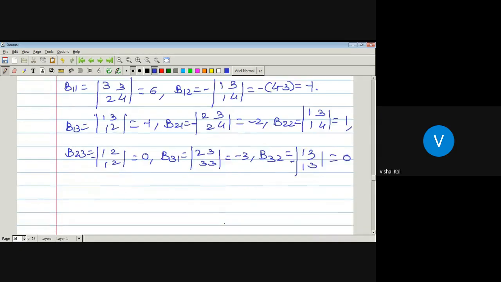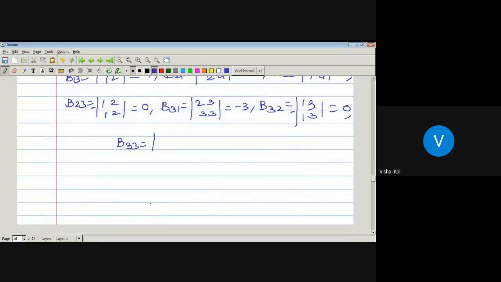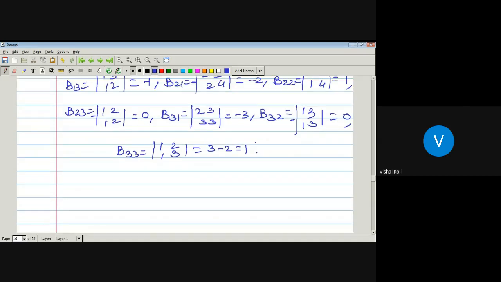And lastly B33 is equal to minus 1 to the power 3 plus 3, which is 6, plus, minor 1, 2, 1, 3, which is 3 minus 2, and which is equal to 1. So here we get the cofactors of all the elements.